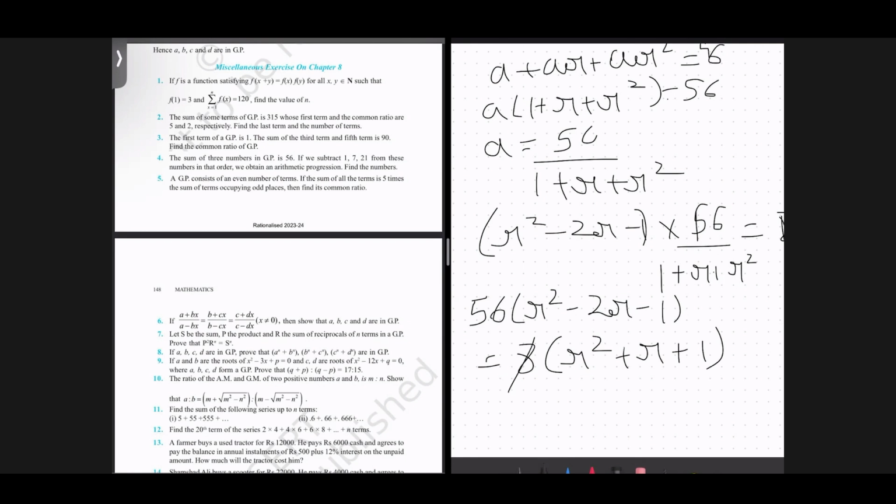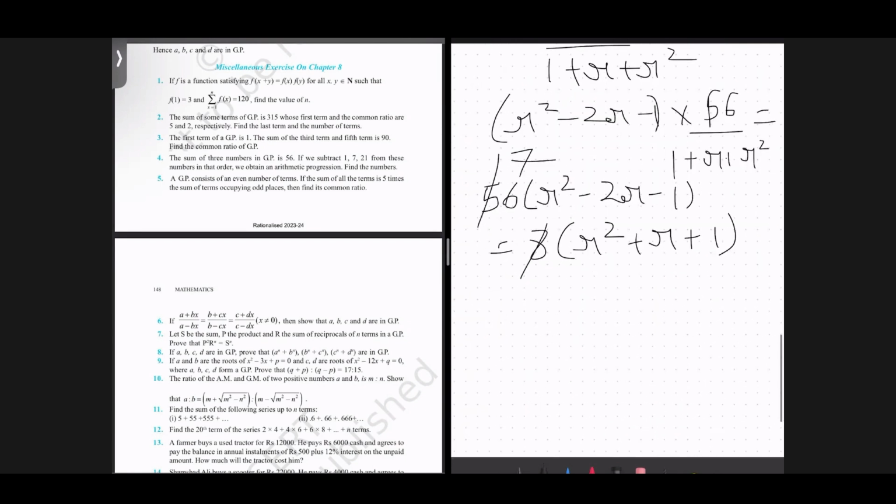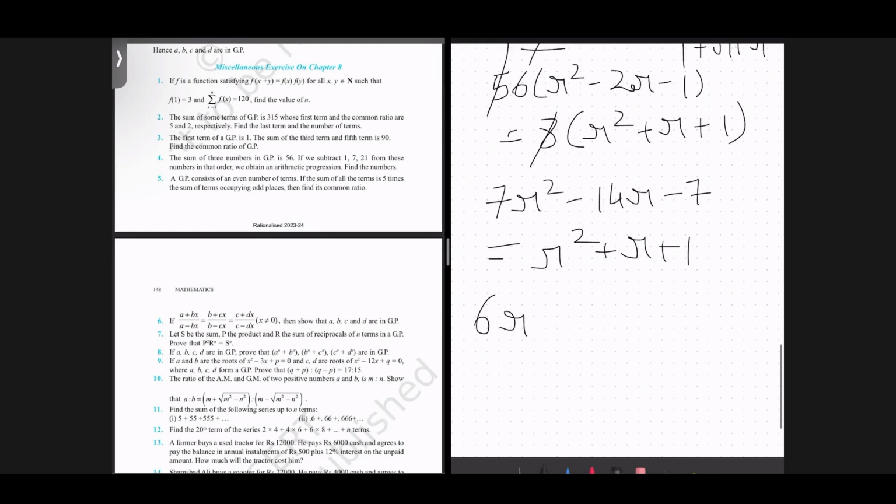This can be solved. You can cancel this and this out. This goes 7 times. What you're finally left with is 7R square minus 14R plus 7 equals R square plus R plus 1. So you solve this, you get 6R square minus 15R plus 6 equals 0.